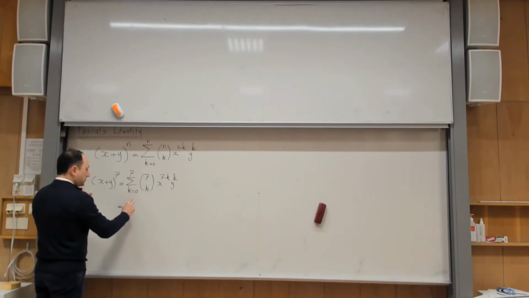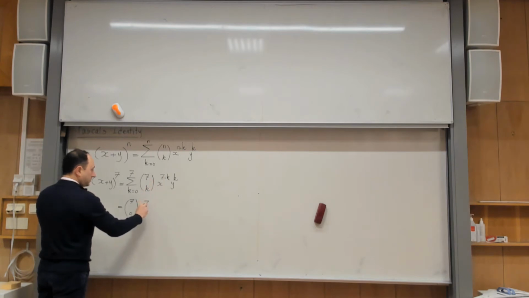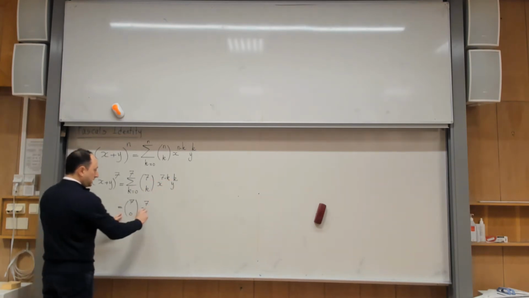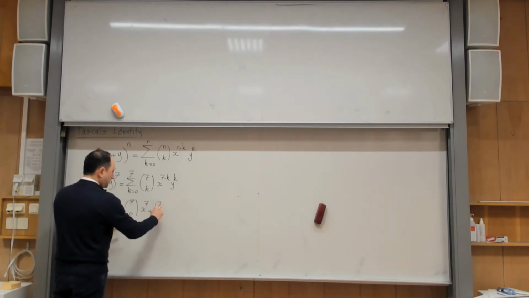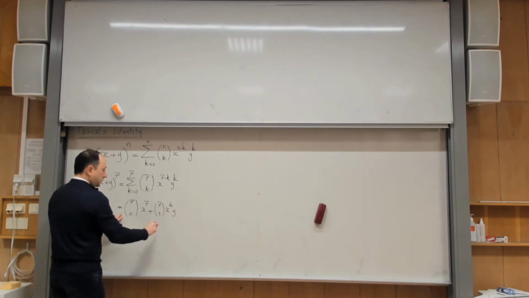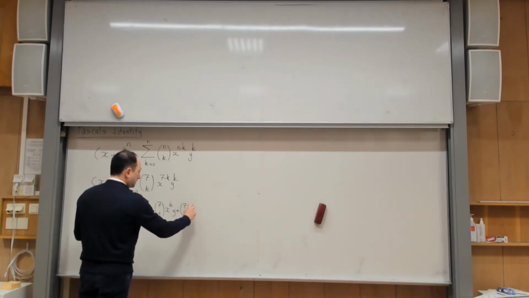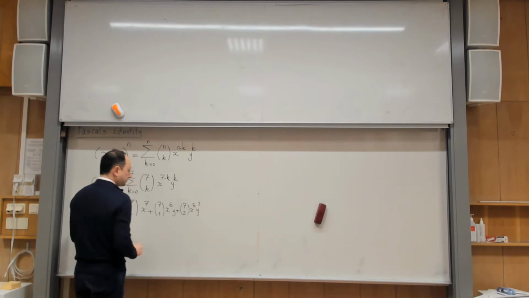Of course, I can expand this sigma. Instead of k I put 0, so I get 7 choose 0, x to the power of 7 minus 0, which is 7, y to the power 0, which is 1. The next term becomes 7 choose 1, x to the power of 6, y, and the next one 7 choose 2, x to the power of 5, y squared.